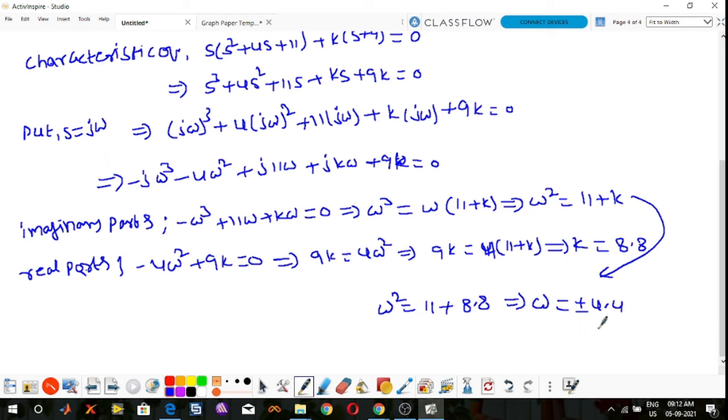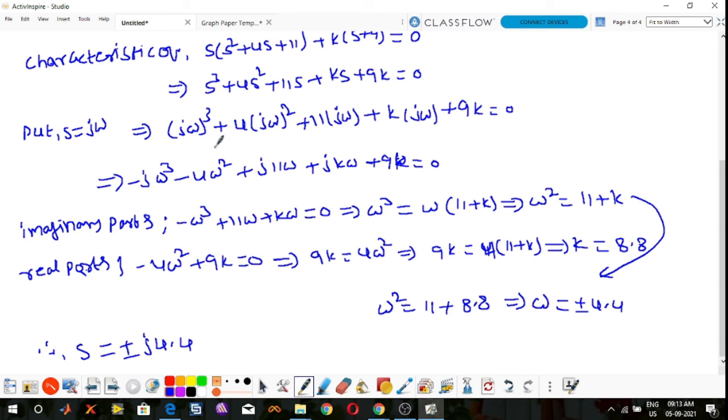Substitute this omega value into S is equal to j omega. So the crossing point on the imaginary axis is S is equal to plus or minus j 4.4.